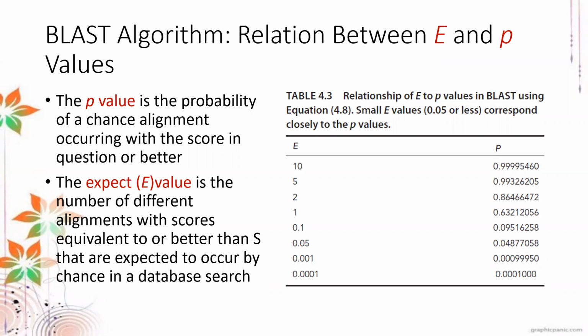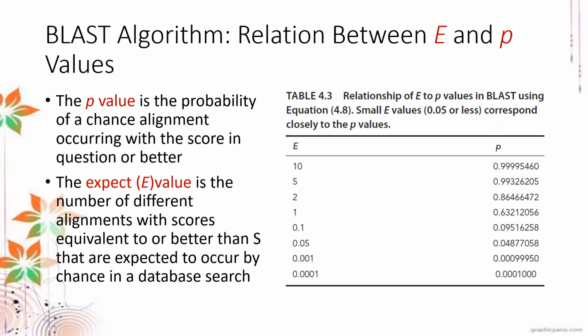So again, for p-values, 0.05 or less is considered significant. And for the e-value, we don't really have an actual e-value threshold that says greater than this e-value or lower than this e-value is significant or not. It's not like that. For a probability, we can have this 0.05 as the general significance.